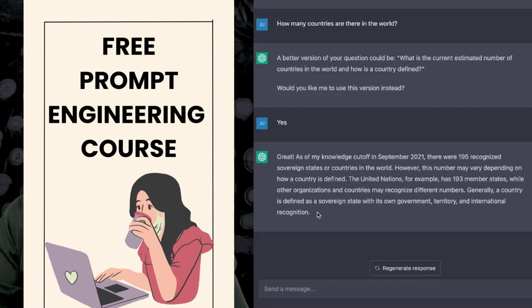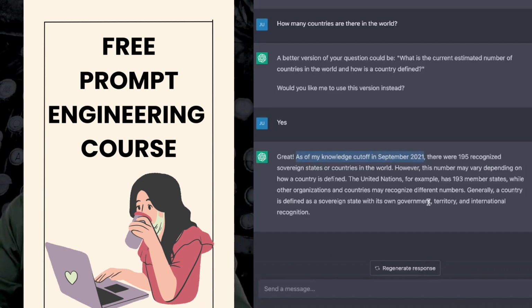Now, one other interesting thing that we talked about is that a prompt has some memory associated with it, and this also shows us some of the limitations: the large language model's knowledge cuts off in September 2021.